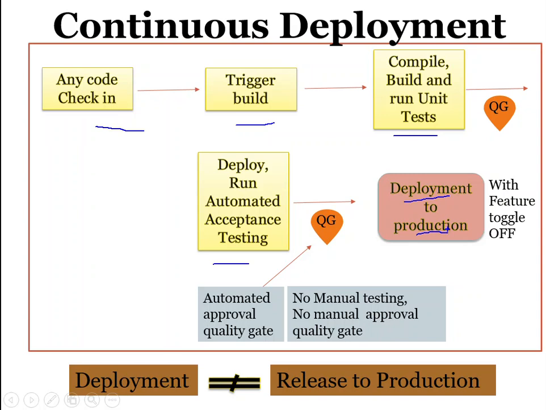Here, I won't call this a release to production, but a deployment to production, which I'll explain in a little while. There are no manual testing phases here, which is shown as automated. No manual testing or manual approval gates at all in a continuous deployment model.